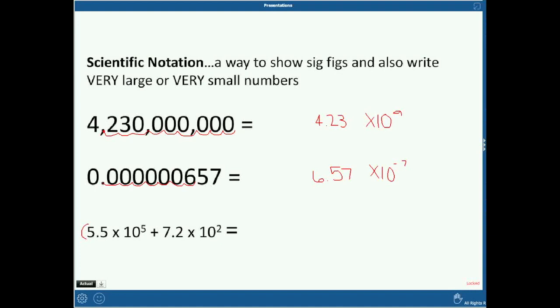And then for these, I mostly put these here because I wanted to show you guys how you can do this in your calculator. There is a button in your calculator that is like a big E, and you can write like 5.5 e to the 5 plus 7.2 e to the 2.